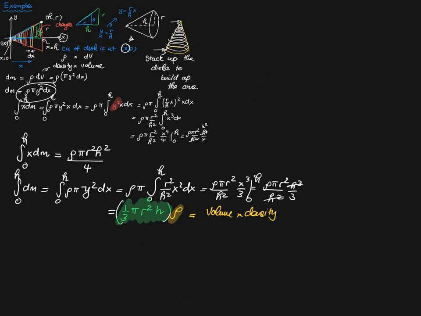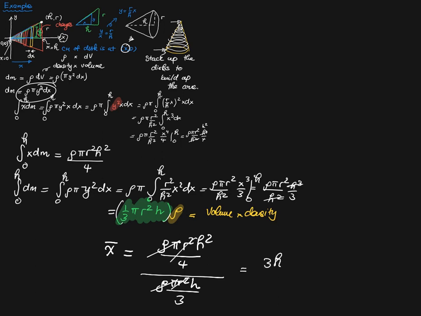And now the center of mass x cm is given by rho pi r squared h squared over 4 divided by the total mass rho pi r squared h over 3. You see rho pi cancels, r squared cancels, so I've got 3h over 4.